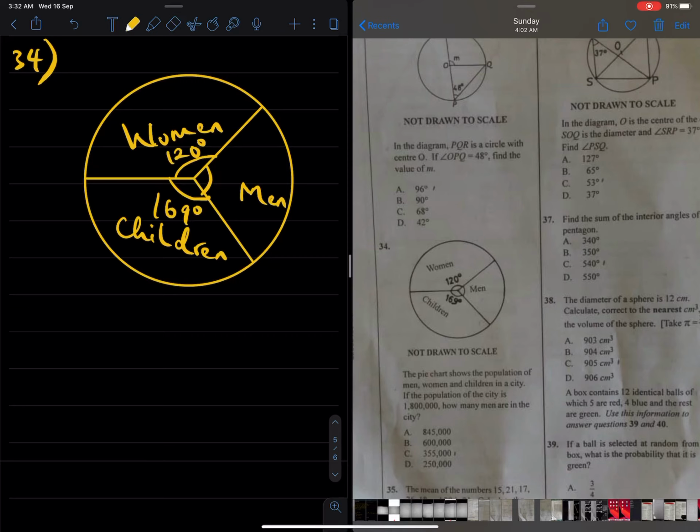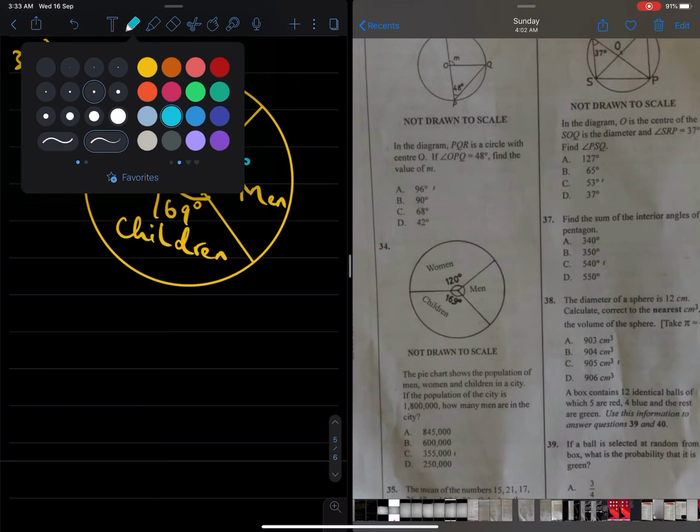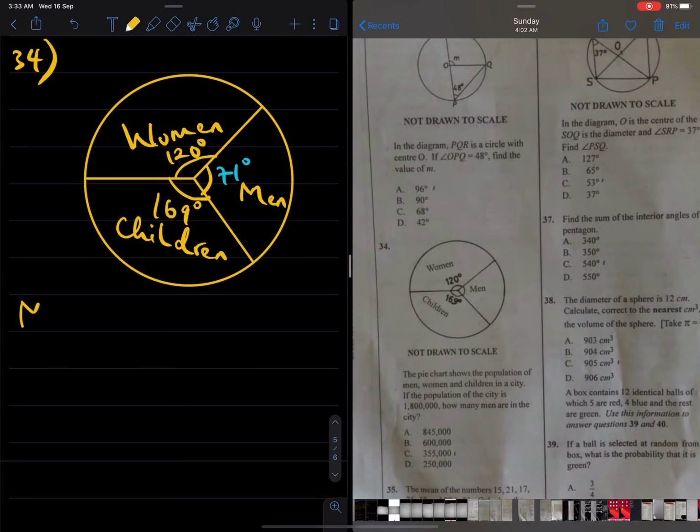The angle of the sector that represents men is going to be 360 minus 120 minus 169, which is 71 degrees. So the angle of the sector that represents men is 71 degrees.